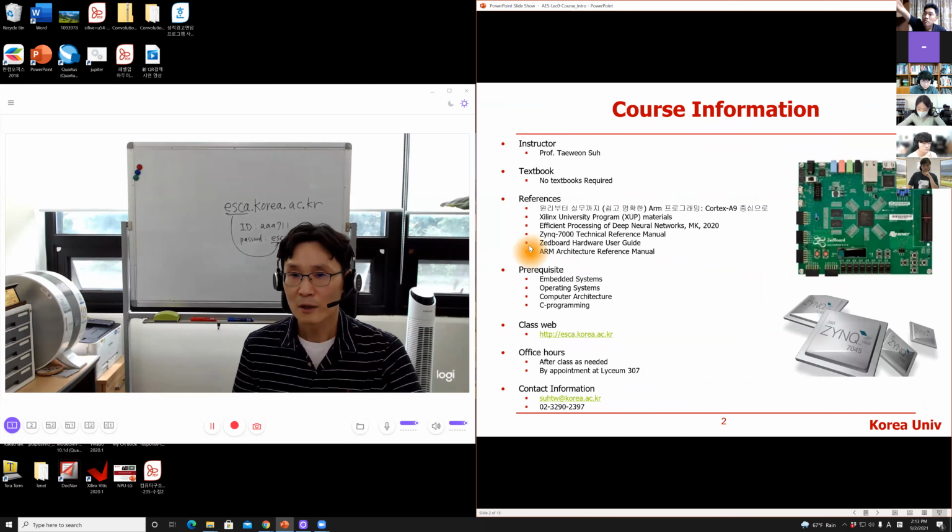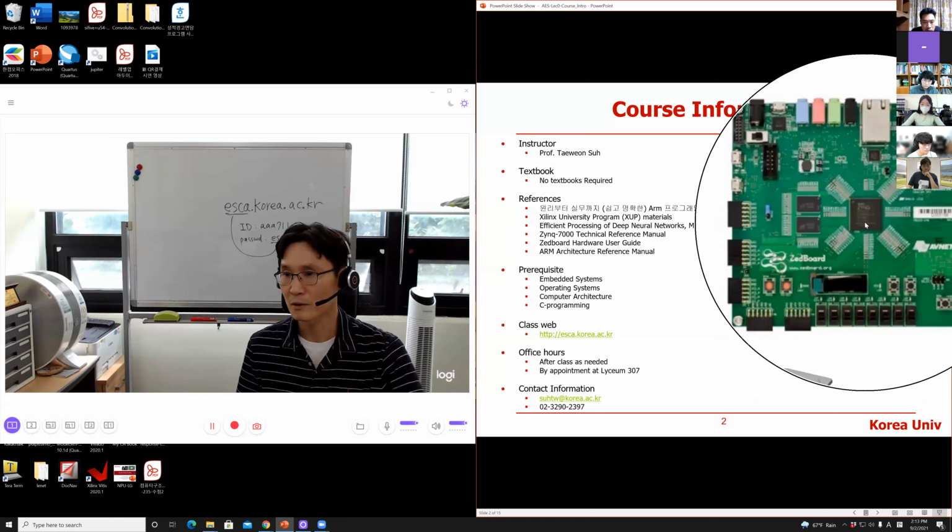And we are going to use some technical reference manual because we are going to use Zynq 7000. Zynq 7000 is this device, the chip at the center of this board.